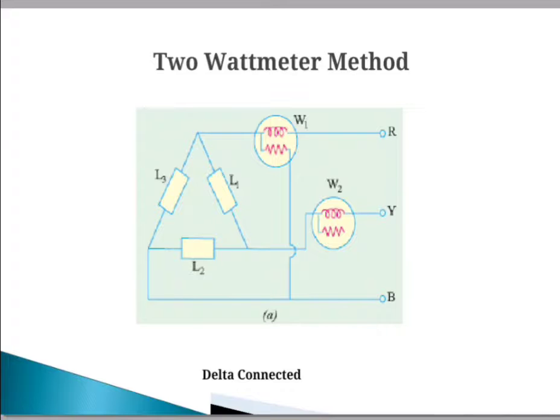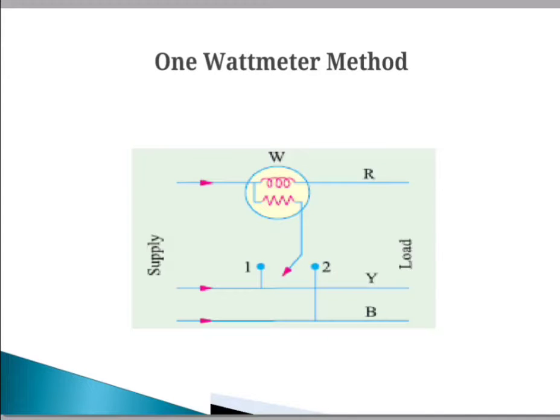Thus the total power present in the circuit is W1 plus W2, but we know that V1 plus V2 plus V3 is equal to 0. Hence, the total power reduces to V1 I1 plus V2 I2 plus V3 I3.